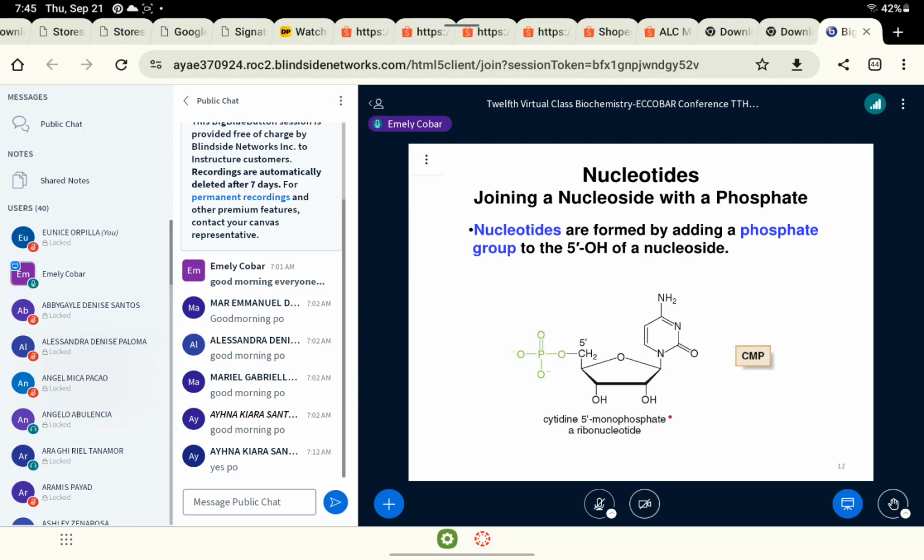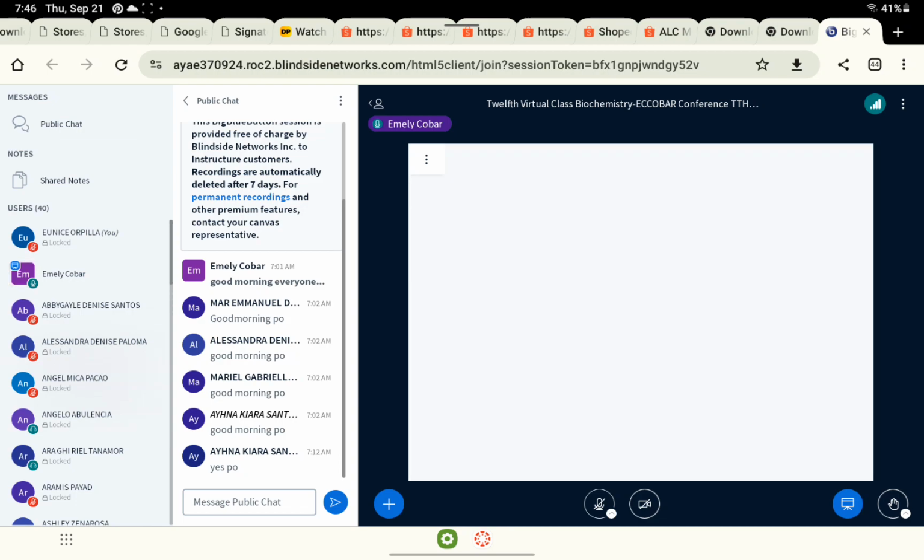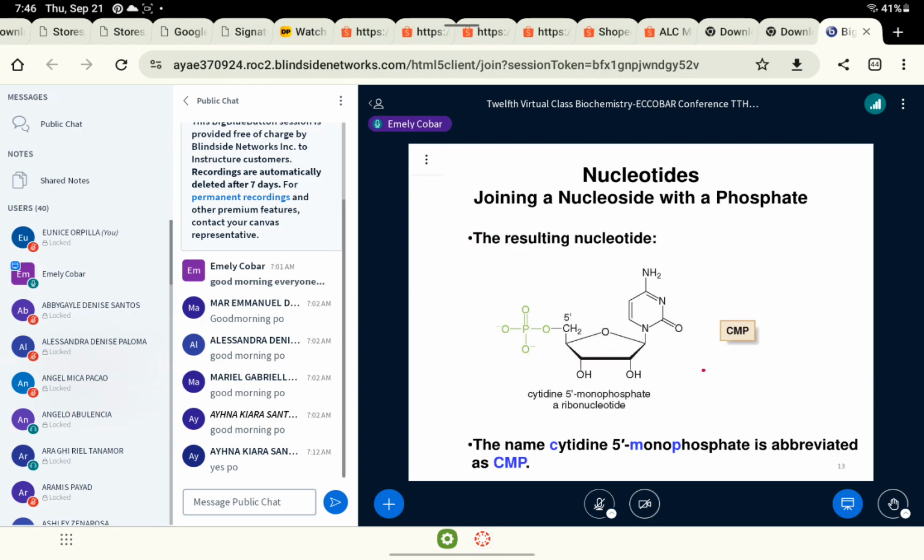The abbreviation is capital C, capital M, capital P. The C stands for cytidine, the M for mono, and P for phosphate. Okay? So we have now, okay, ayun na. The resulting nucleotide, inulit lang dito. The name cytidine 5 monophosphate is abbreviated as capital C, capital M, capital P. Meaning to say, kapag yan ay nag-appear sa quiz, do not write this in small letters.